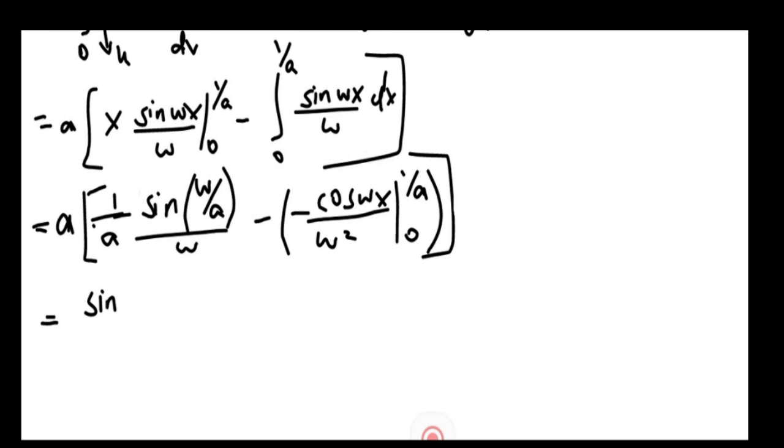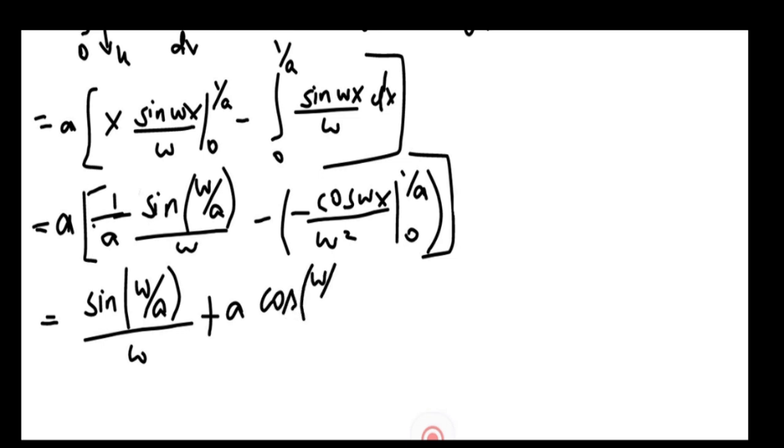Let's multiply a inside, so a will get cancelled out. The remaining we will get sine of omega over a divided by omega. And in the second term, minus into minus will become plus, so a times cos omega over a divided by omega square, and then we substitute the lower limit, so minus a cos 0 divided by omega square.